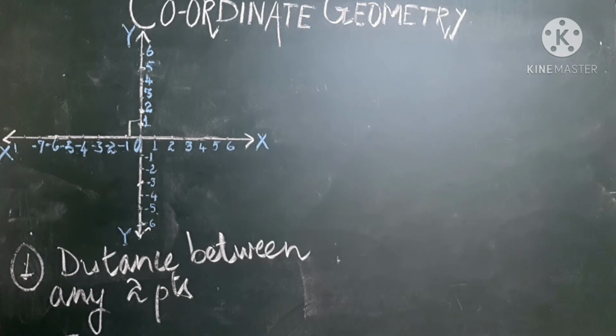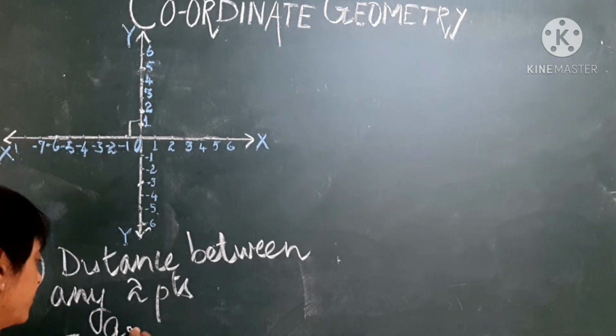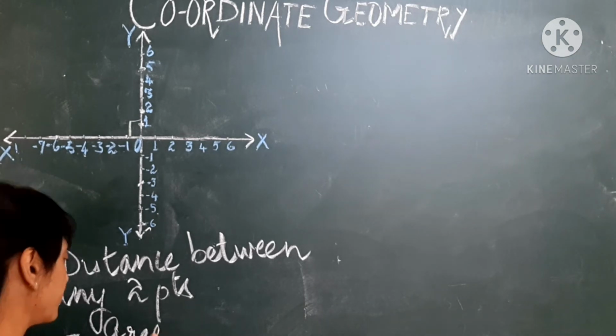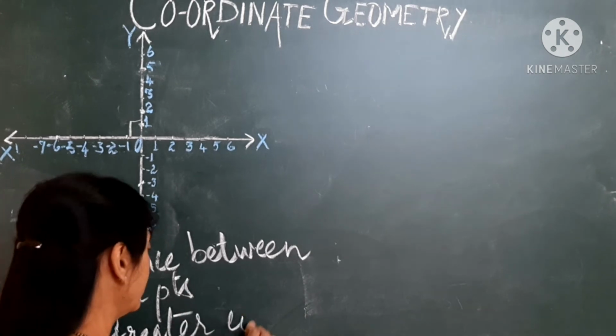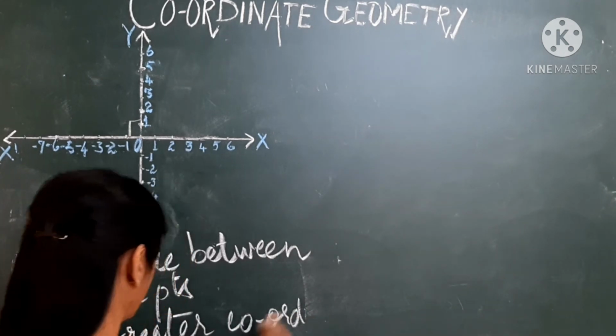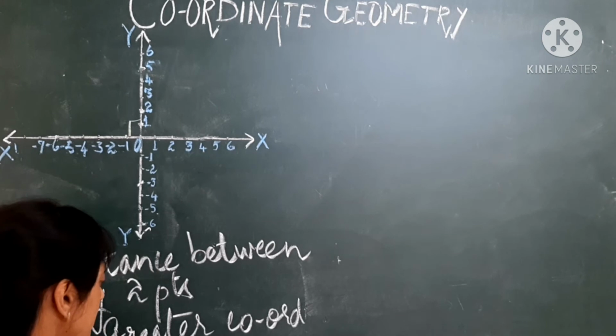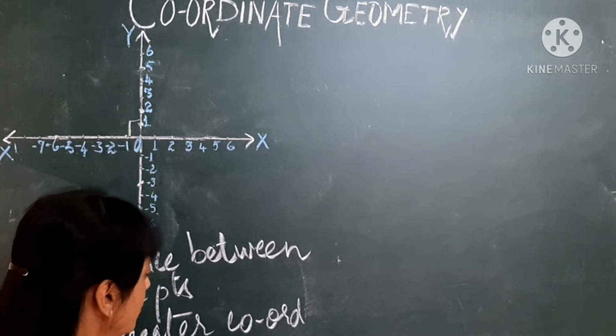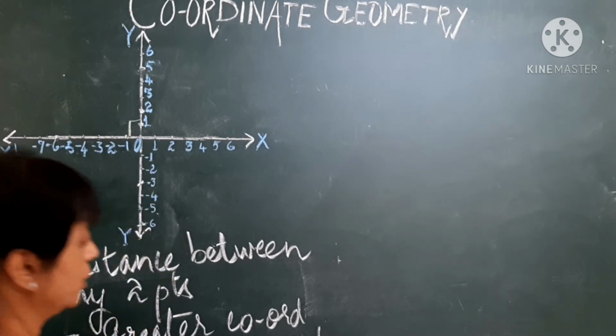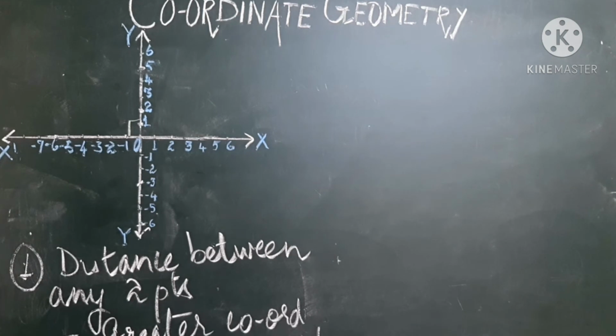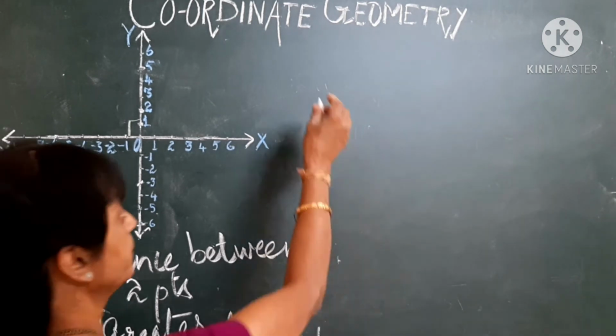In other words, greater coordinate minus the smaller coordinate.